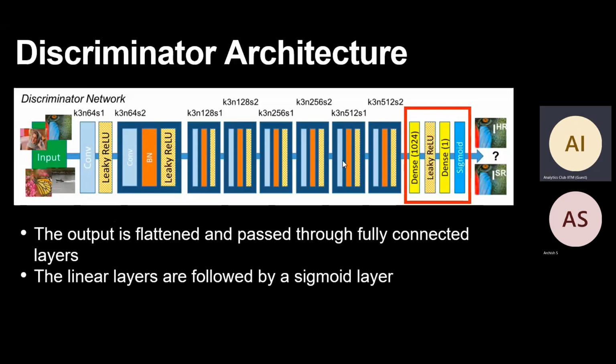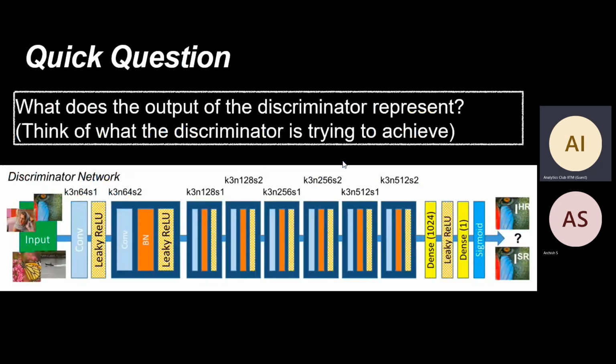Can anyone tell me what is the output range of a sigmoid? Yeah, the output range of a sigmoid is from 0 to 1. So that's my question for you guys: what does the output of the discriminator signify?